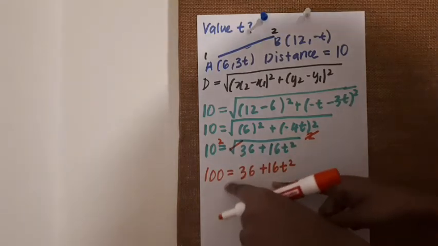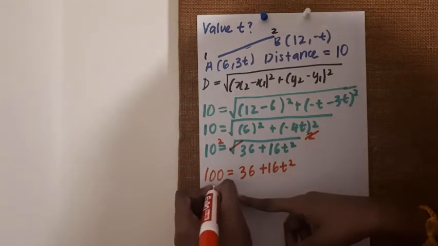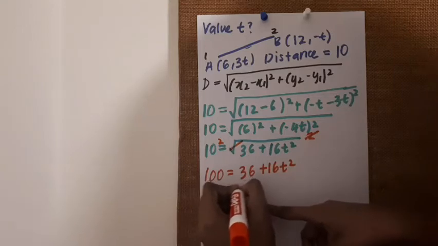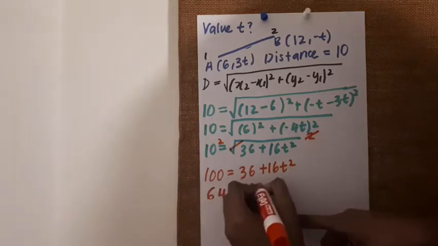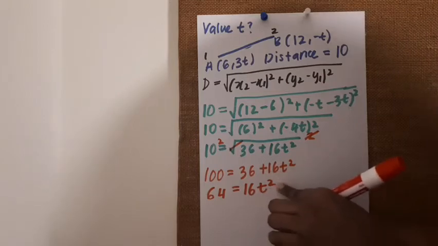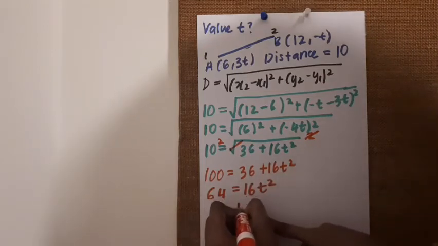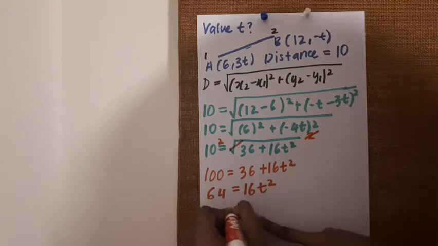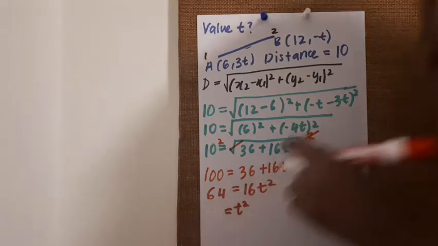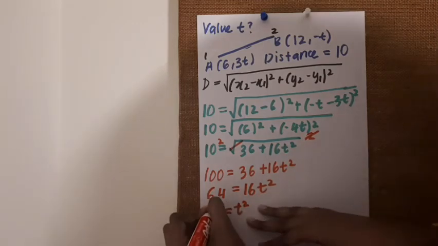Okay, bring the 36 here. It's simply going to be 64 equals 16t squared. Bring the 16 here because our subject is t squared, and when you bring the 16 over, it's going to be 4.